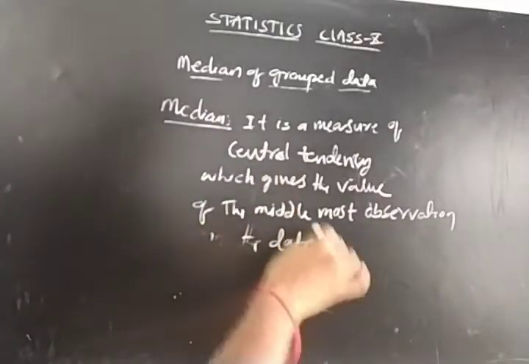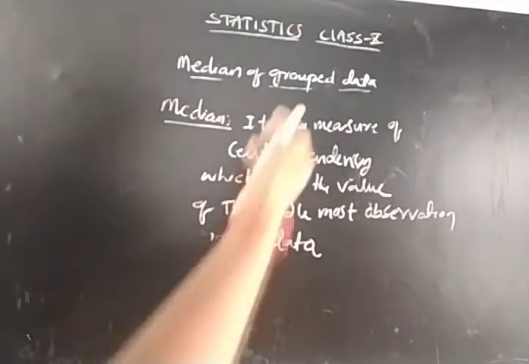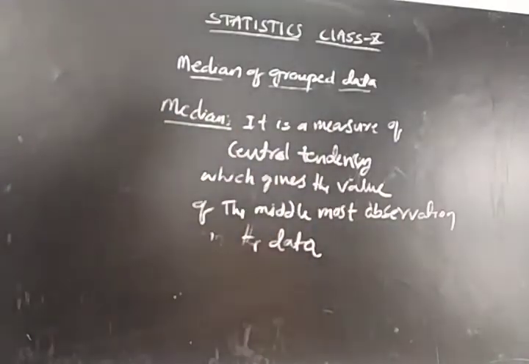So what is the median? The median is a measure of central tendency which gives the value of the middlemost observation in the data. That is the definition of median.